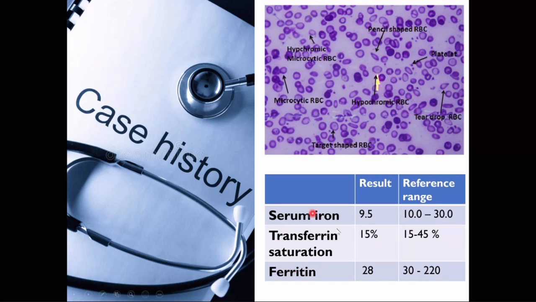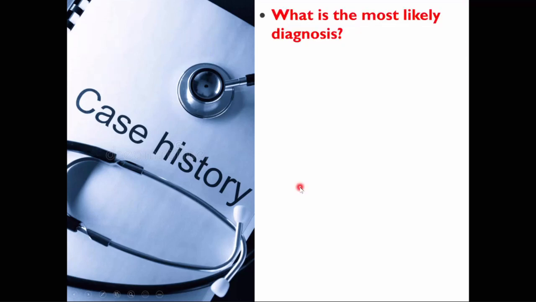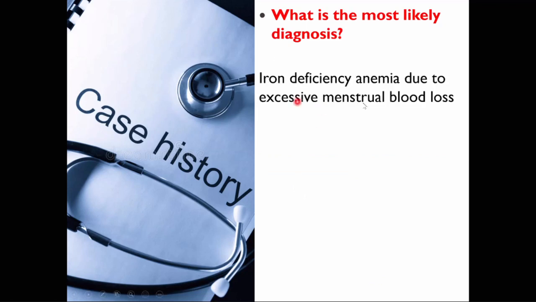So you do the serum iron studies and you find the iron is low, transferrin saturation is low, and serum ferritin is low. So what's your diagnosis? Iron deficiency anemia. Yeah, so the complete diagnosis would be an iron deficiency anemia, probably due to the excessive menstrual blood loss. So what would you do next?